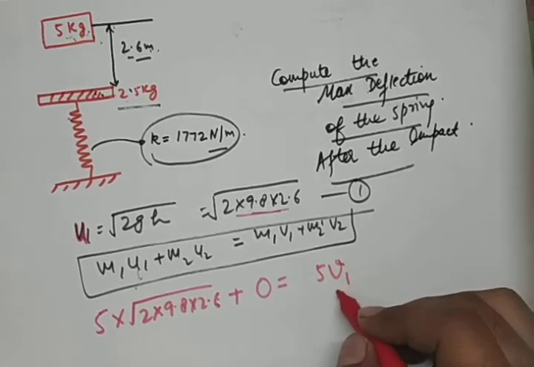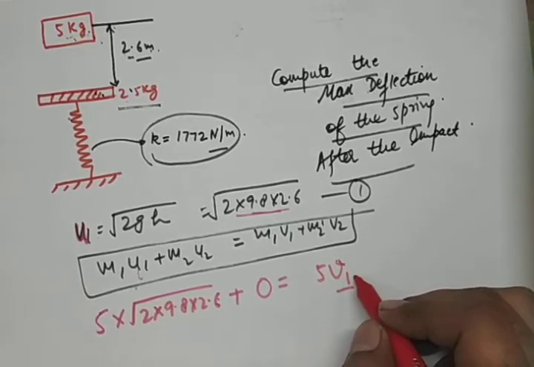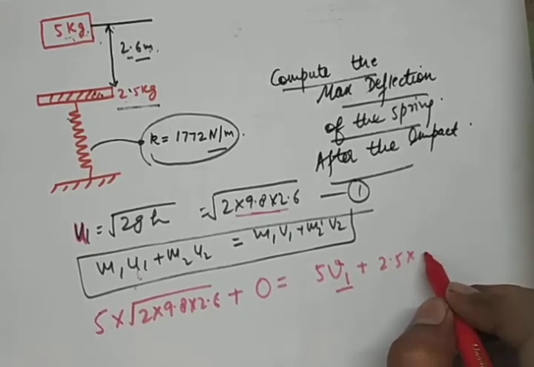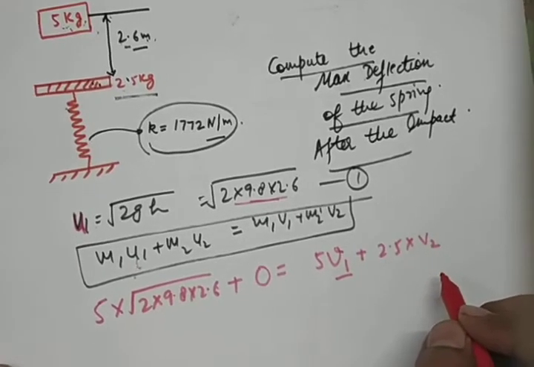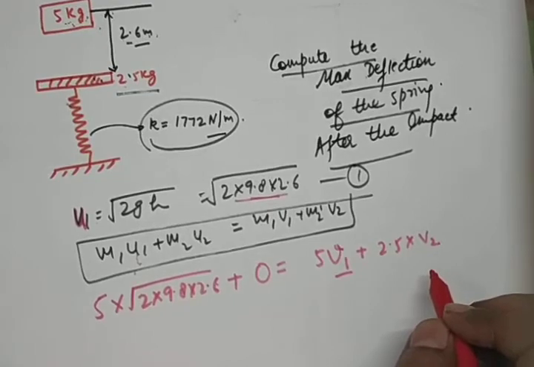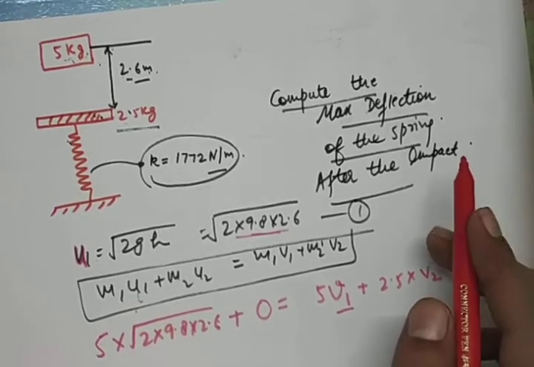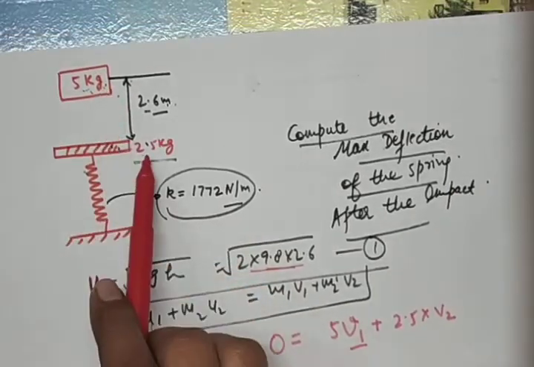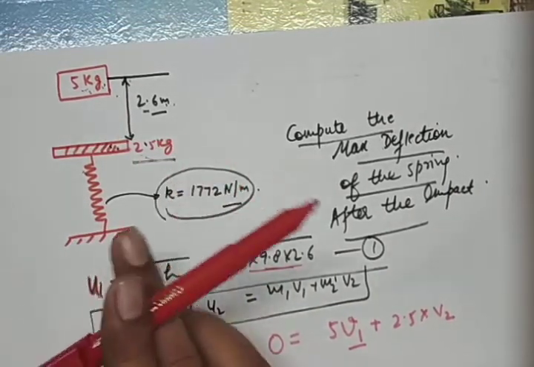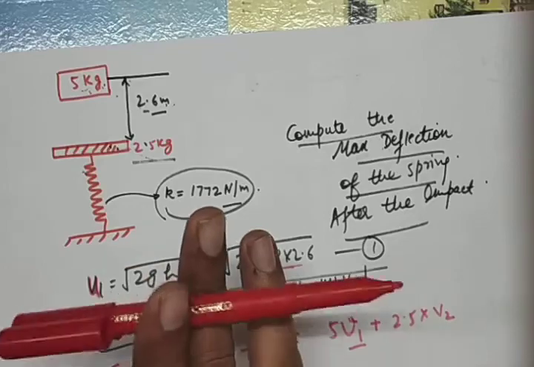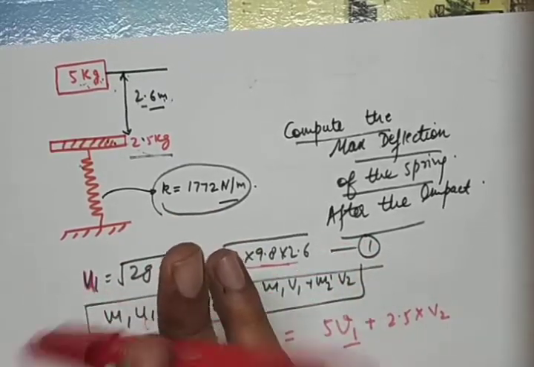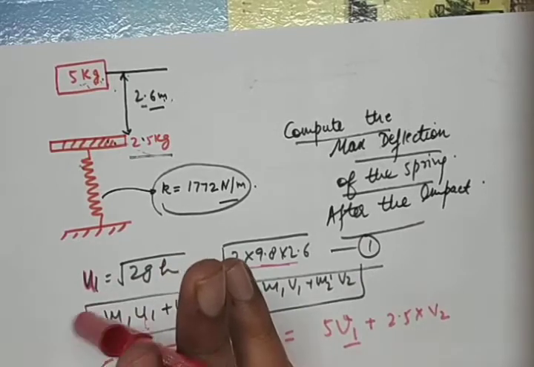This 5 kg body will be moving with velocity v1, and the 2.5 kg body will move with velocity, let it be v2. He has also stated that the collision between the 5 kg and 2.5 kg body is perfectly elastic, and he has also asked to find out the maximum deflection of the spring after impact.